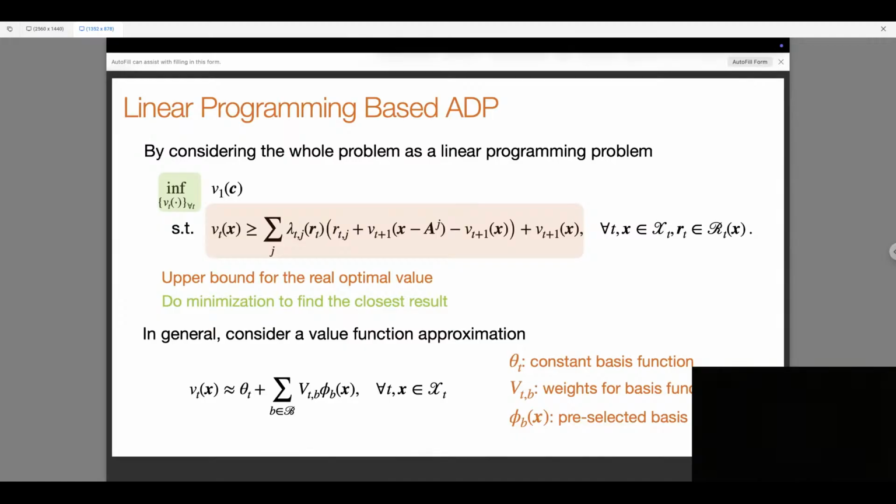This is a general form for ADP, used in many ADP papers.